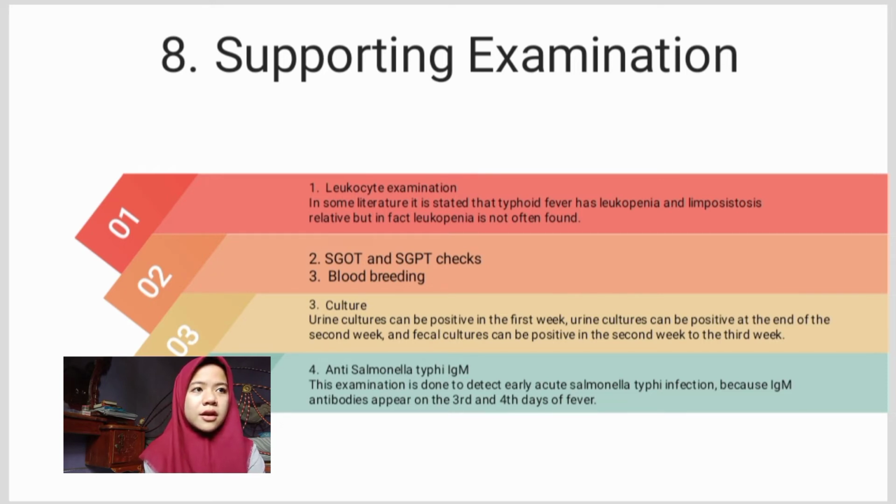Number 3, blood count. Number 4, culture. Blood culture can be positive in the first week. Urine cultures can be positive at the end of the second week, and fecal cultures can be positive in the second week to the third week.